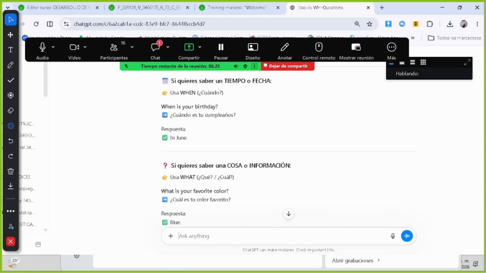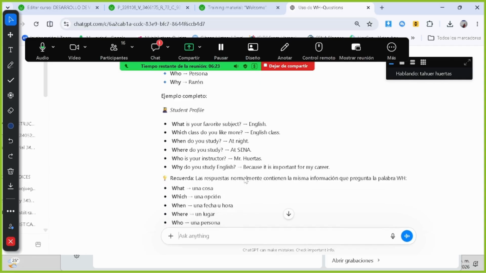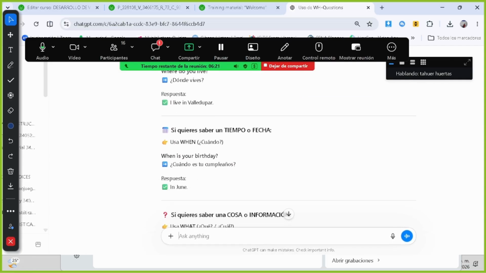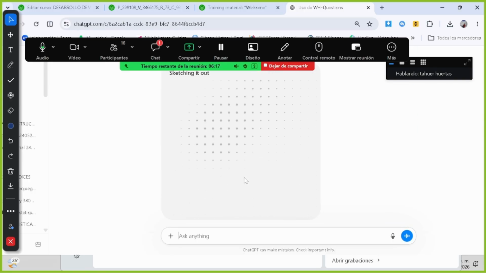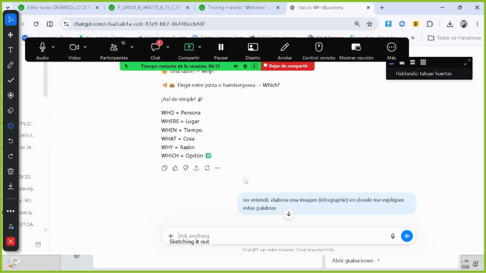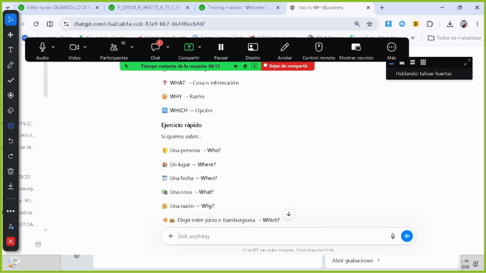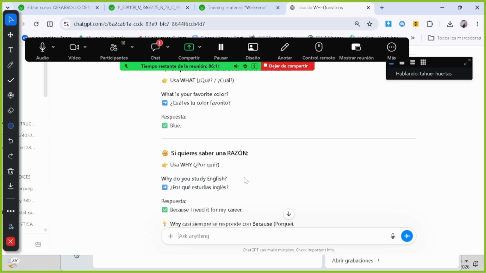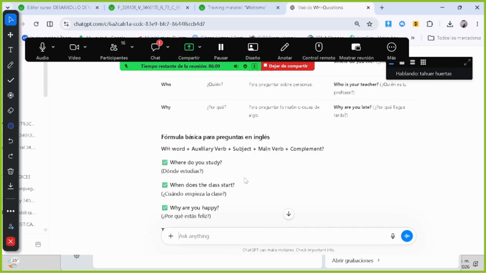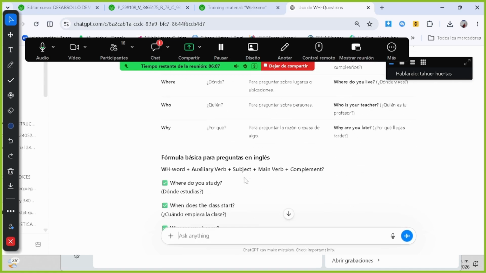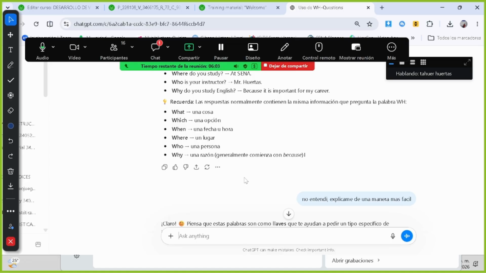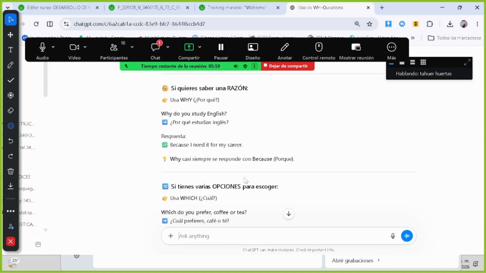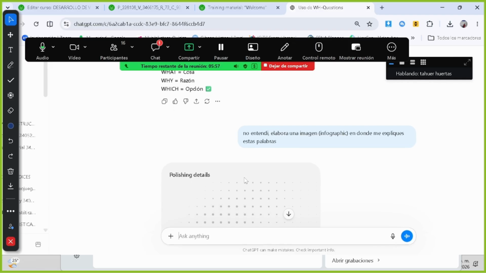Well, artificial intelligence, in this case ChatGPT, can explain this topic in many ways. All depends on the prompt that you write in ChatGPT. You can ask for examples, for the grammar structure, for a translation.